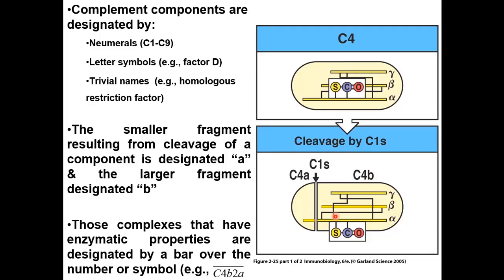But there is an exception here for C2. For C2, the bigger fragment is shown by C2a, and the smaller fragment is shown by C2b.